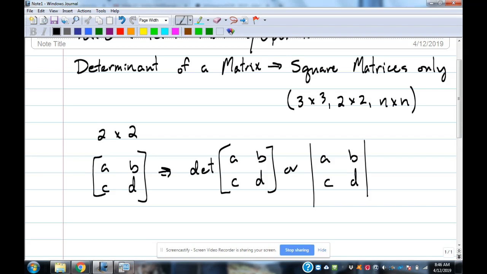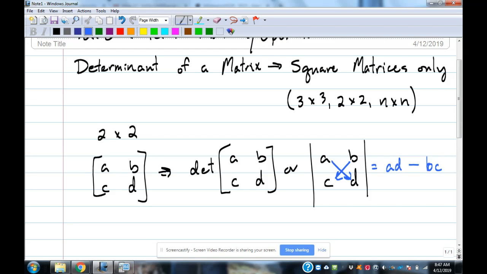The way that you're going to find the determinant of a 2 by 2, you can do it with a calculator. We'll do it with a calculator as well, but I want to show you how quick it is to do without it. You just cross multiply: A times D minus D times C. That gets you a number. That number is the determinant of that matrix.